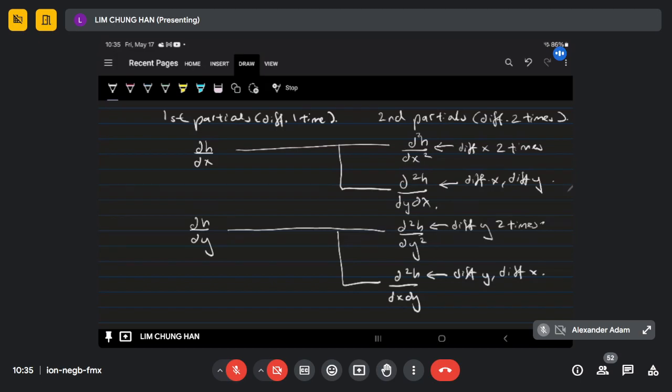Those are all the possible second partials. No more, I can't think of any more.